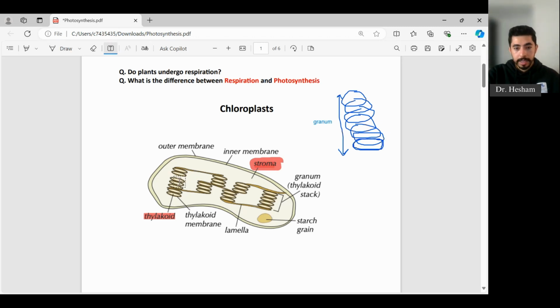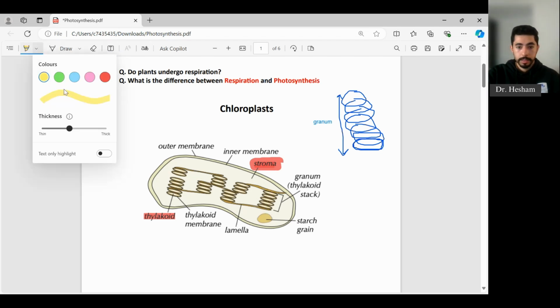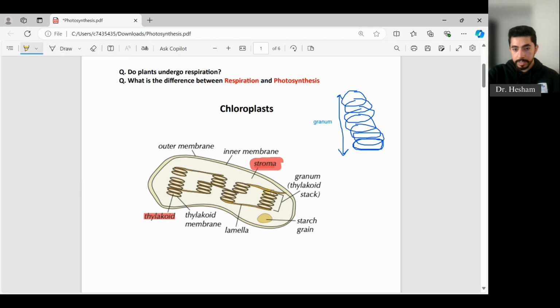Now look at this. This is a single granum, a single stack of thylakoids. Let me highlight this. So let's focus on this granum. This is where a reaction of photosynthesis happens.